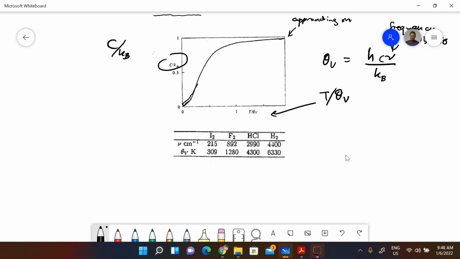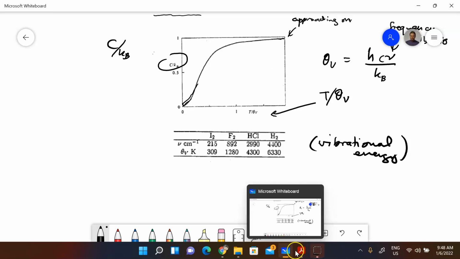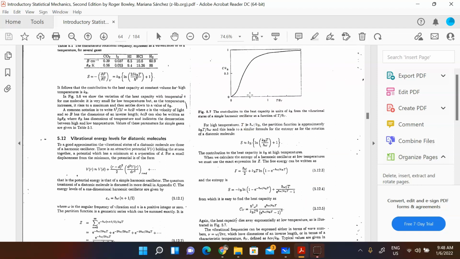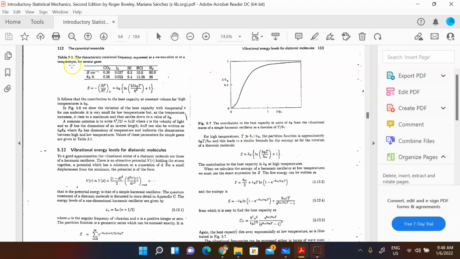Oh, there is another thing. From the vibrational case, there was another table before which looks at the rotational case. So let's cut and paste that again.